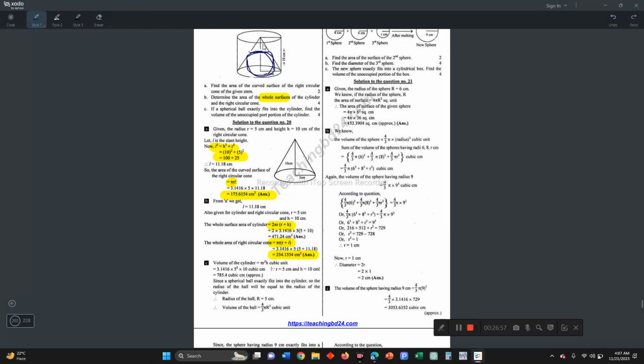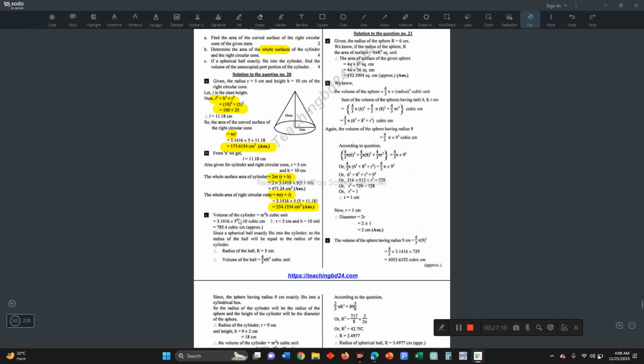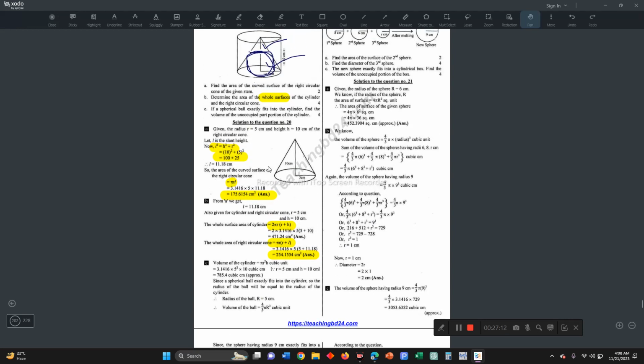So we have to determine the volume of the right circular cone first, then the volume of the sphere, then we will deduct the volume of the sphere from the volume of the right circular cone. Now, the volume of the cylinder is equal to pi r square h. Oh, I'm sorry. The sphere has been placed in the cylinder, not the cone.